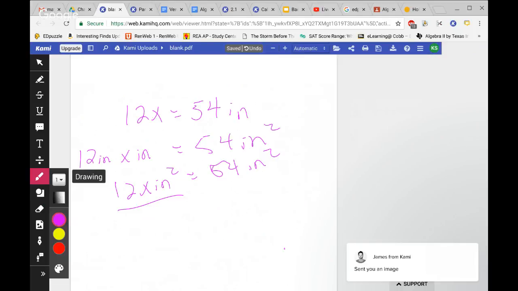Which is correct. But I actually can take the inches squared off also, so they cancel out. So you would get x equals 4.5 inches.